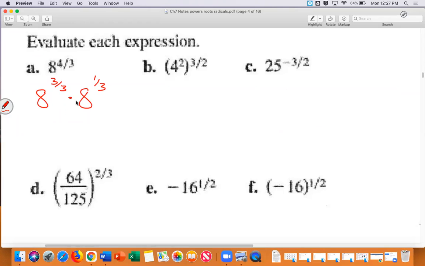Carolina, does that make more sense? Okay, we add the exponents. So 3/3 plus 1/3 is 4/3. Now 3/3, Carolina, is 1. Right? 8 to the 1st. Well, that's just 8.